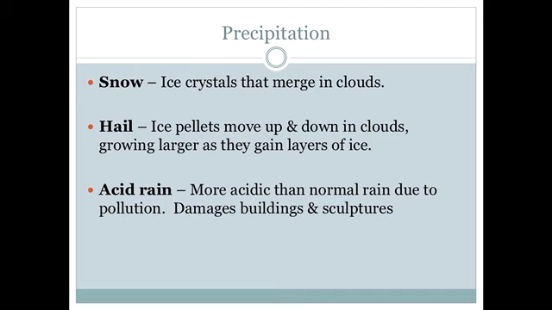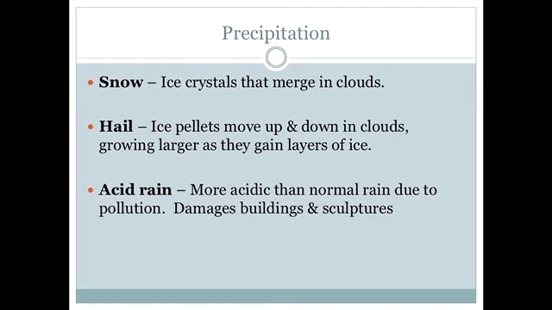So it's gaining more water droplets, getting bigger and bigger. That's why you sometimes have little hail that might be dime size all the way up to golf ball size, up to softball size hail. It just depends on how long it has rotated in those clouds and gained more ice.